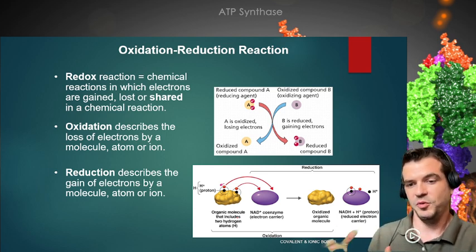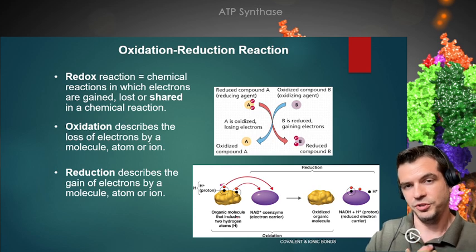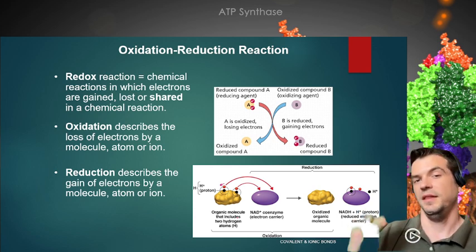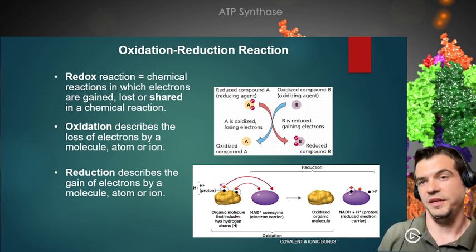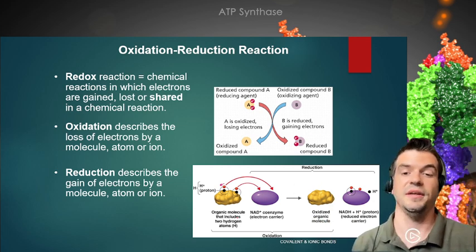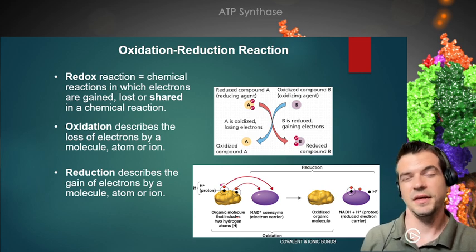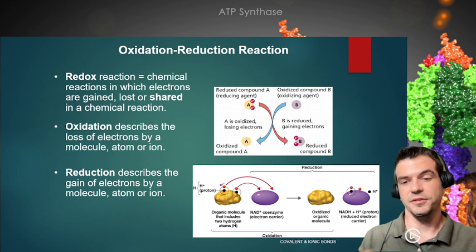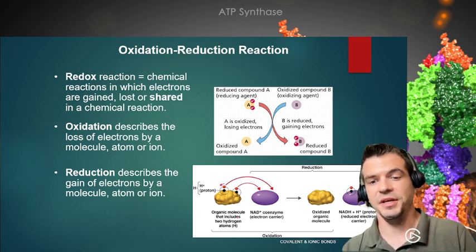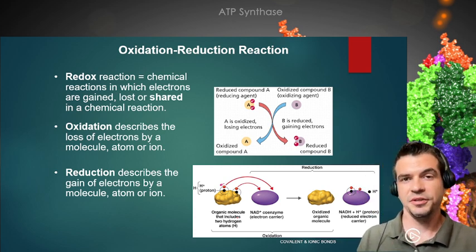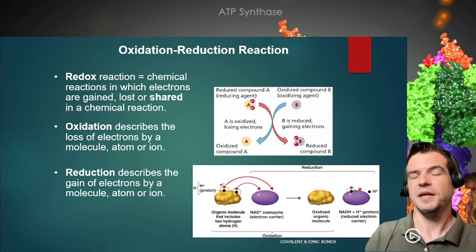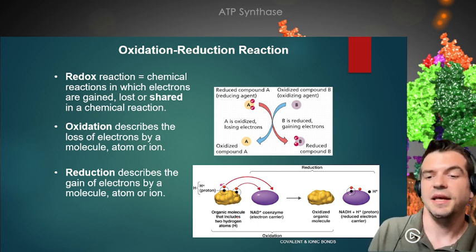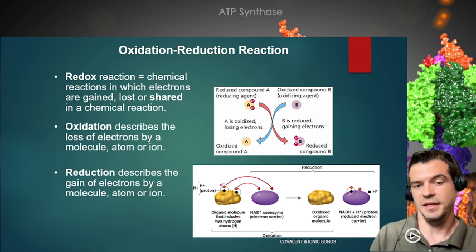So if I gained them and got reduced, I'm now reduced with those electrons in my hands, then whoever gave them to me is going to have been oxidized. Okay, so you can't have one without the other. Oxidation is losing those electrons, and reduction is gaining those electrons.